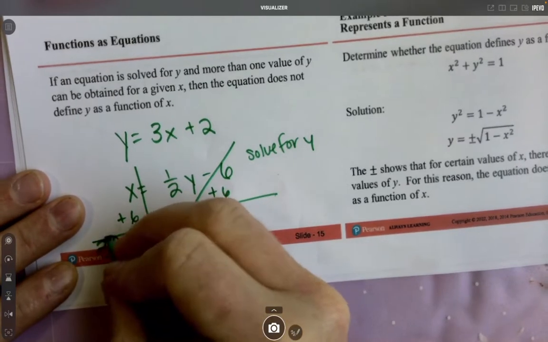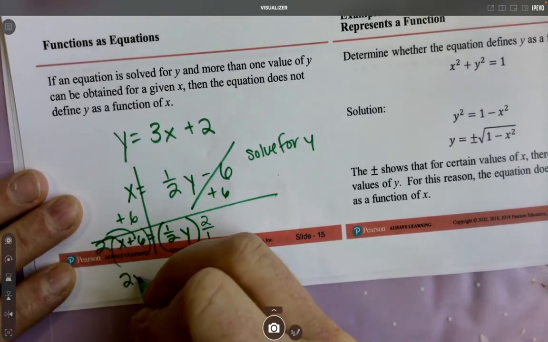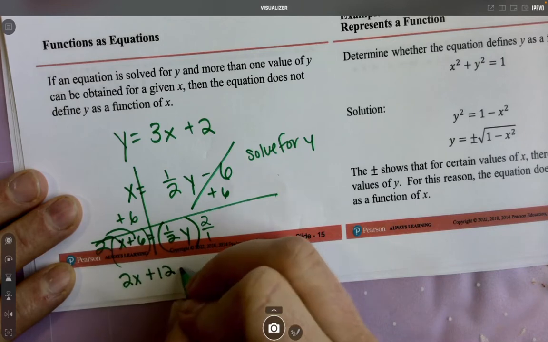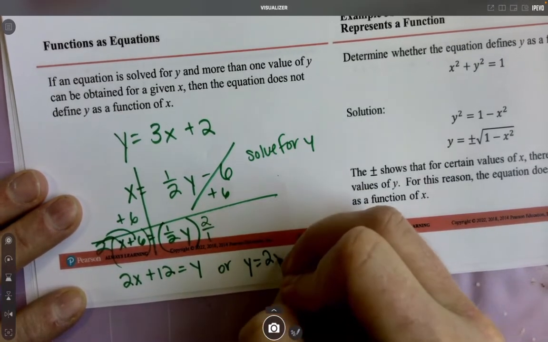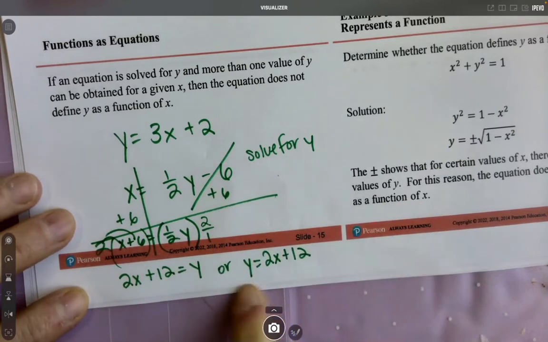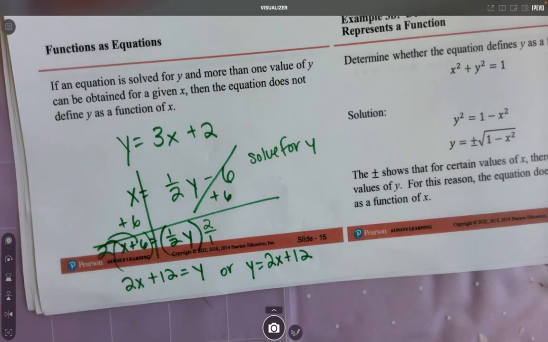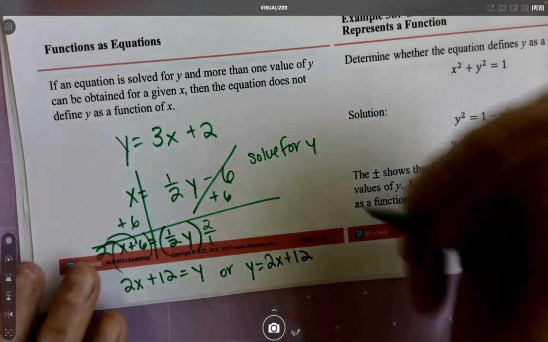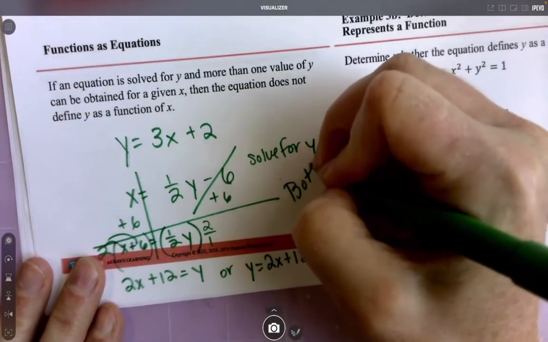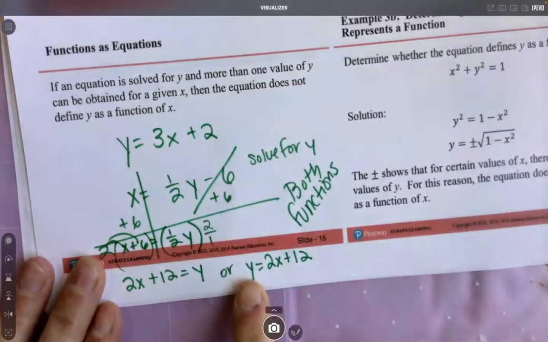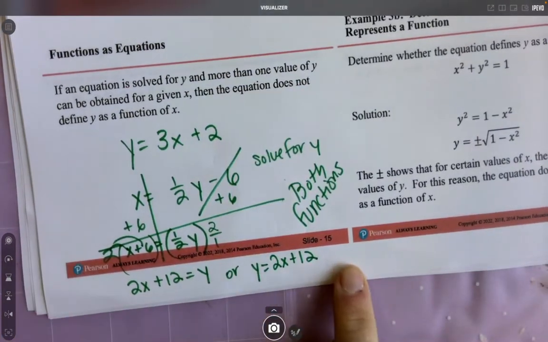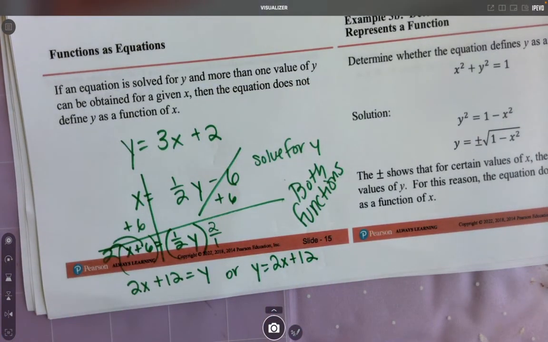So this, where I distribute, would be 2x plus 12 equals y, or y equals 2x plus 12. So this, too, is a function, because you have y equals just one value of x. We don't have that y is equal to 2 values of x.